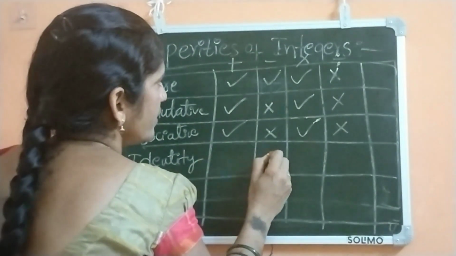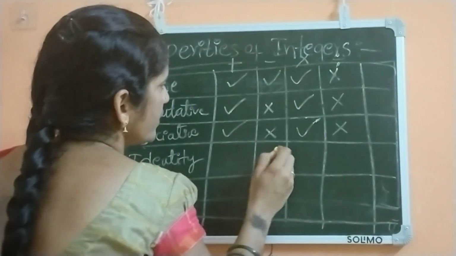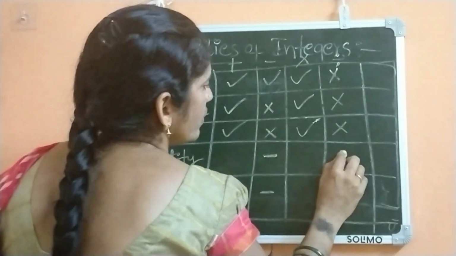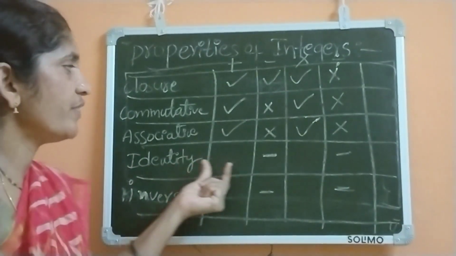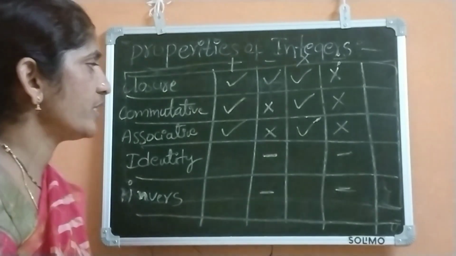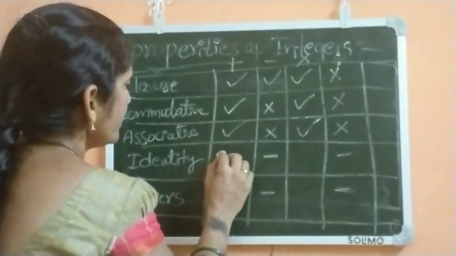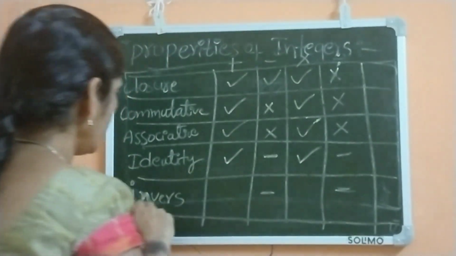Identity. Under identity we are going to check only addition and multiplication. Division and subtraction we are not going to check according to the rules. So identity under addition is possible and multiplication is possible.